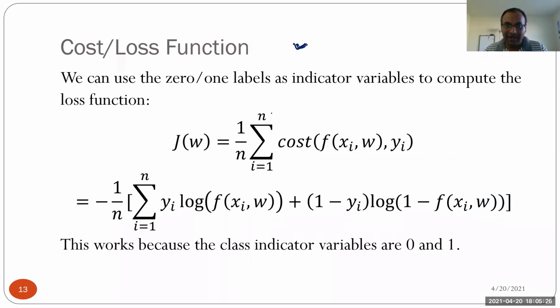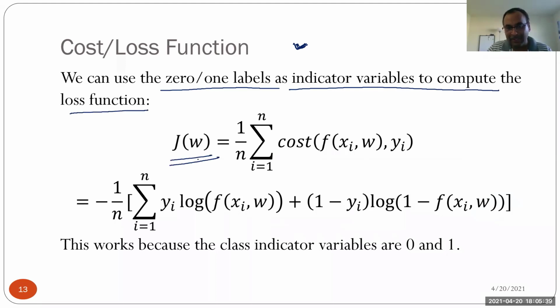So let's do it quickly, and then I'll explain this again in the next meeting. We can use 0 and 1 label as indicator variable to compute the loss function. So J of W, a familiar term, 1 by n; we had 1 by 2n, we'll be fine with not having the 2 here.